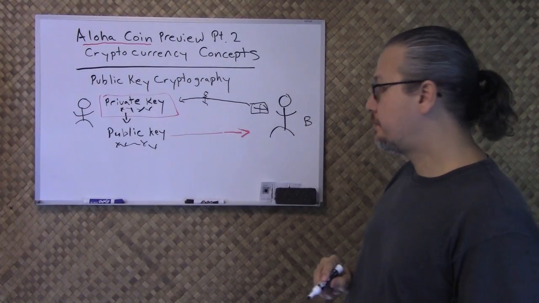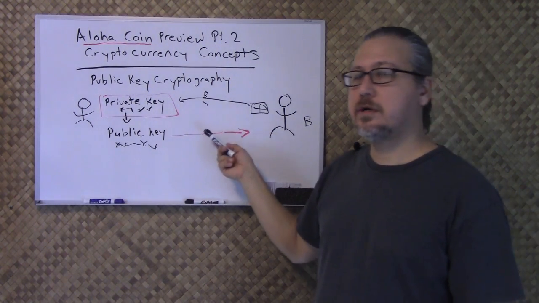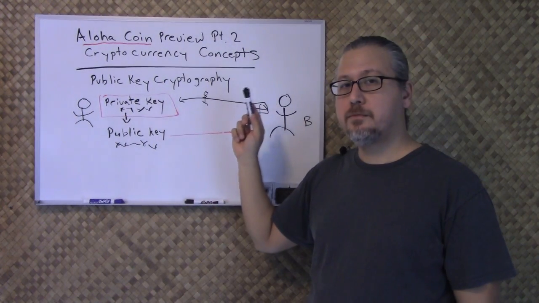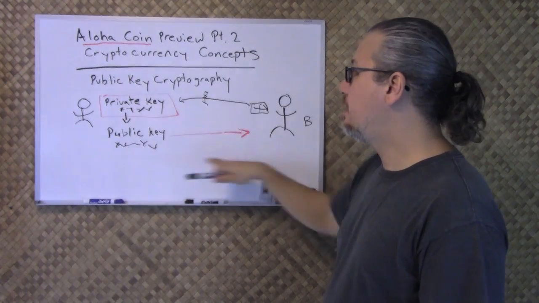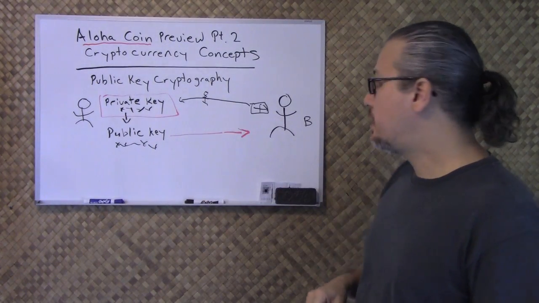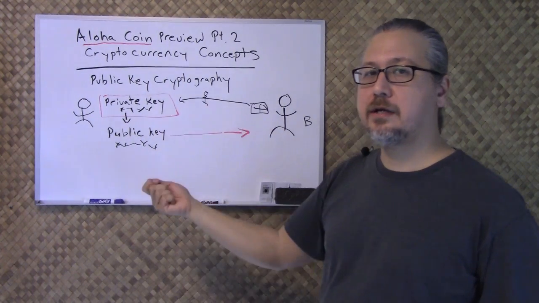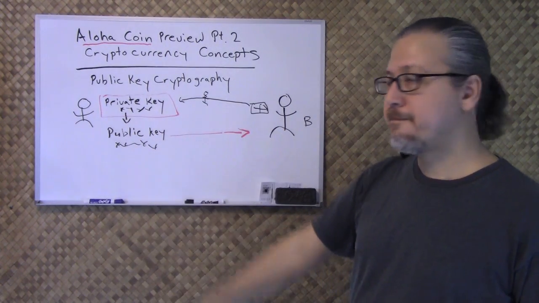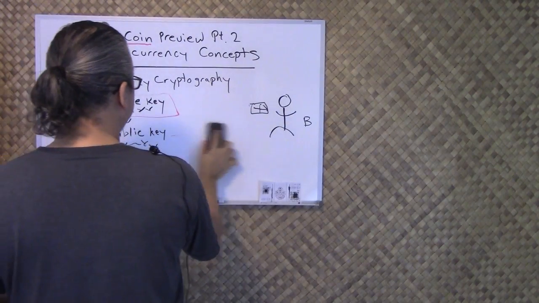Okay, so this is how encrypted email works. This is how secure websites work. Now, Bitcoin and other cryptocurrencies use the same method, but they use it for transferring ownership of money.